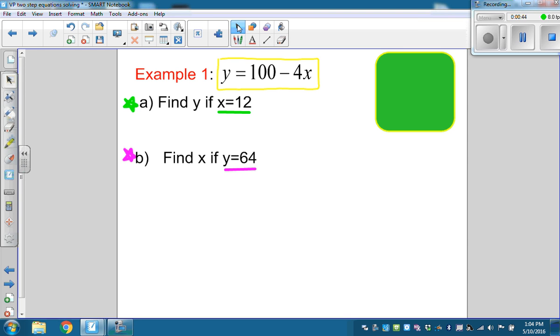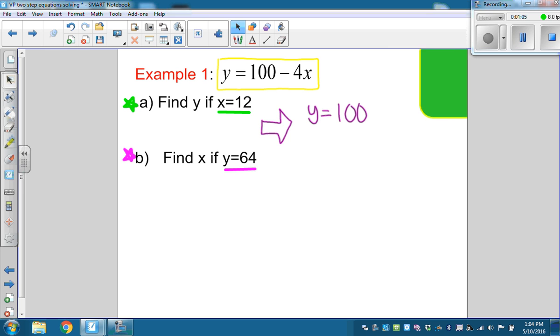So in order to do part A, we'll work to the right of the problem for part A. And when you do your work today, always copy the equation before you begin to solve it.